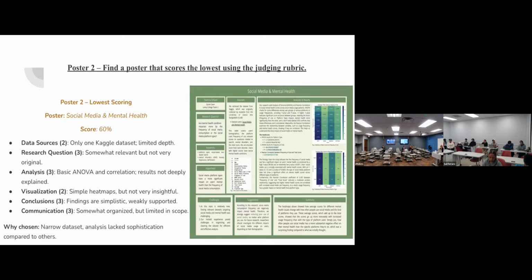They did a basic ANOVA and a correlation, so it's a very simple analysis. Unfortunately, they didn't present the raw graphics to show you the correlation. They used heat maps, which are very vague and hard to understand. Is that right? Yeah, that's good.